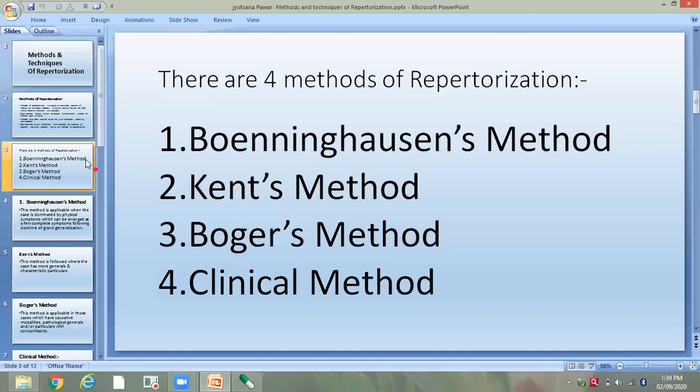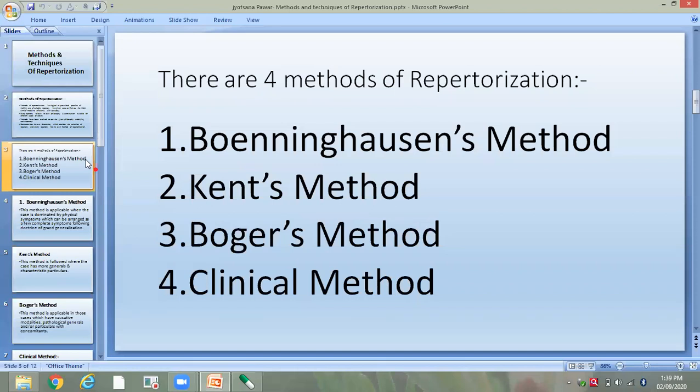If we get mental general symptoms prominently, then we use Kent's method, the repertories based on deductive logic. When we get the complete symptom, then we use the repertories based on inductive logic, that is Boenninghausen's repertories.